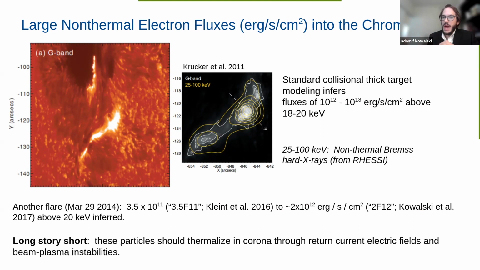So the electron beam will stop over a very short distance. It won't even reach the chromosphere if you have such large beam densities. And so what you'll have is a thermal flare, and the energy will be conducted into the chromosphere, and you'll see purely thermal X-rays in the foot points instead of non-thermal foot points, which is what are actually seen here.